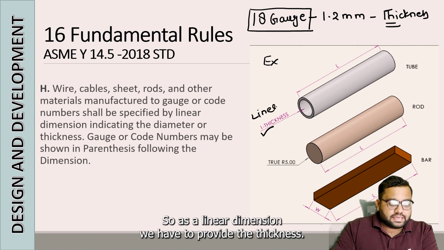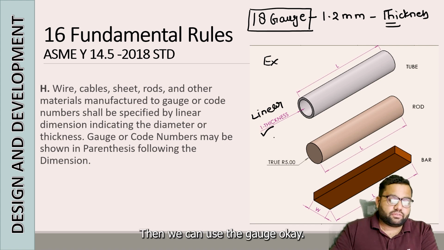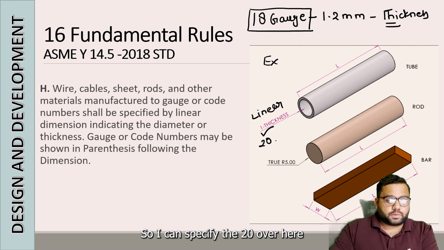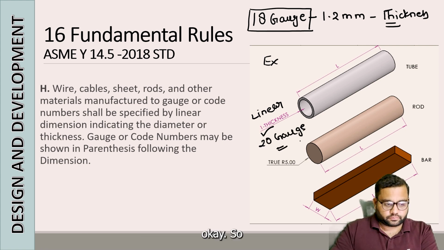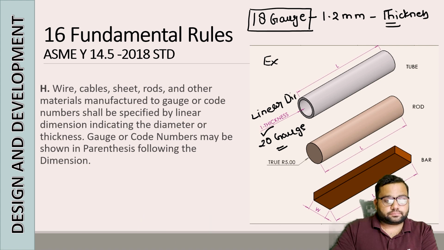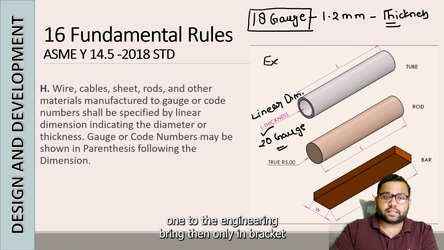Only when we provide the thickness as a linear dimension can we use the gauge. Let's say if I want to specify the gauge also, I can specify the 20 gauge over here.